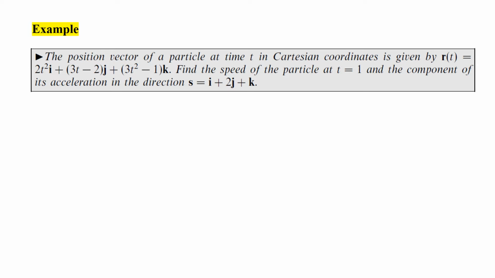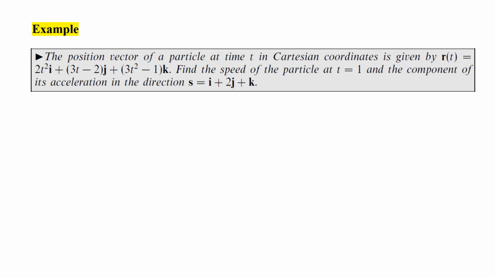Find the speed of the particle at time t = 1 and the component of its acceleration in the direction s = i + 2j + k.